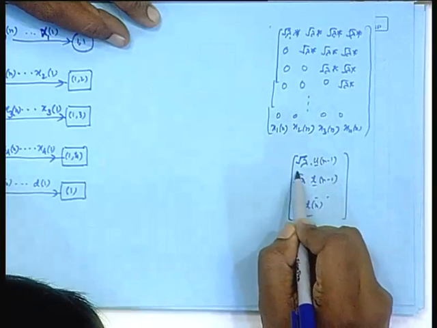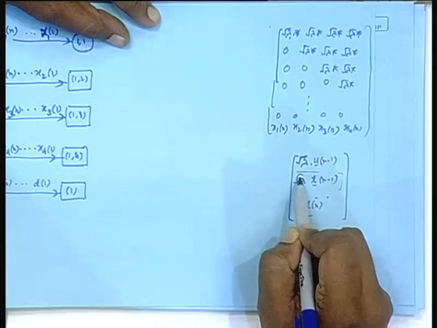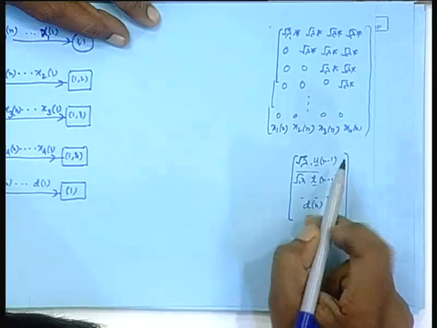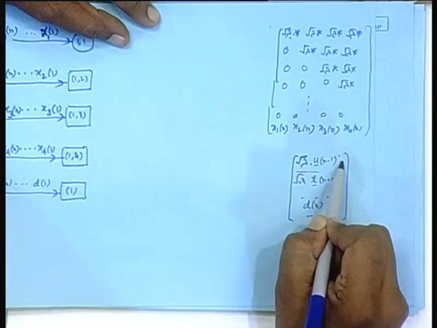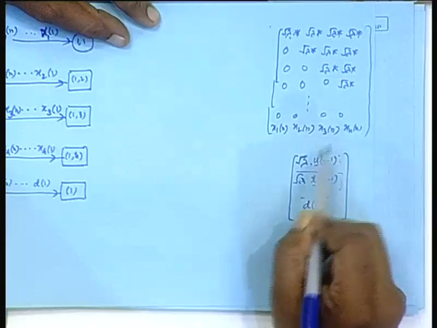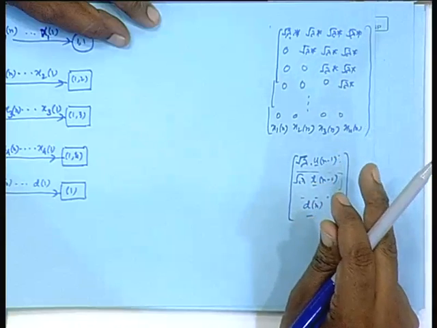I do not need to store this. Why? Because I am always bothered about the first m cross 1, that is the 4 cross 1 component, because only that will be used in the solution for finding the filter coefficients.